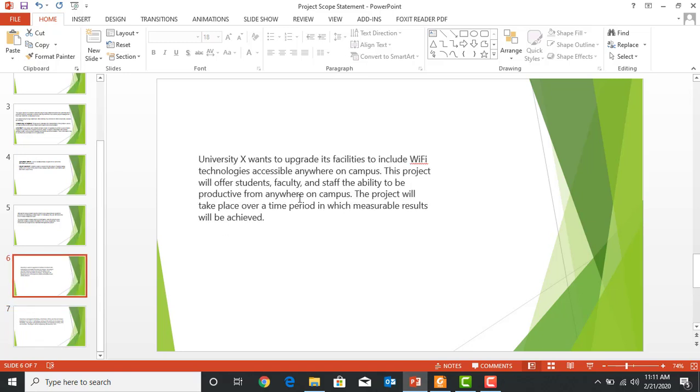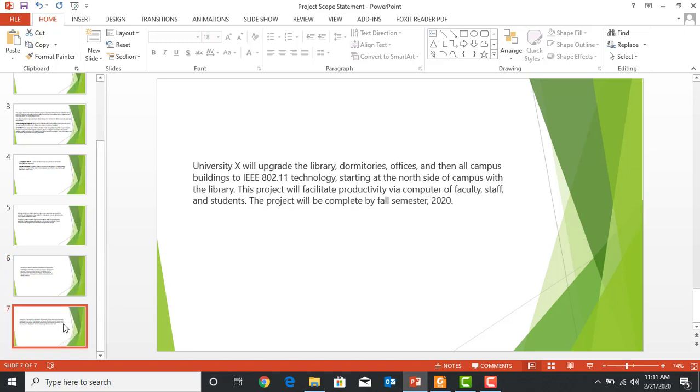The first one is more high level, and anything like that is quite suitable for the project charter. But as we get more information of what is required and we keep adding it to the scope statement, this will become our scope statement.